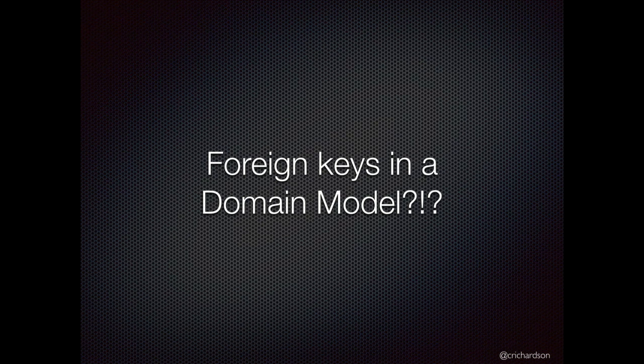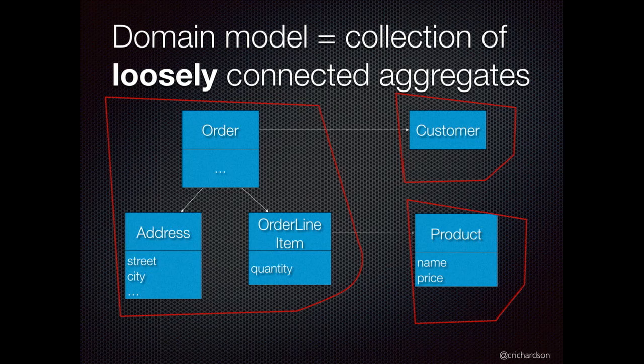But it turns out that this is really, really useful. Among other things, it clearly defines what is part of an aggregate, because it's reachable through an object reference, versus what is outside the aggregate, where there are no object references. So our aggregates are now self-contained chunks with very weak references between them. Any reference from one aggregate to another is purely by ID, as opposed to an object reference.